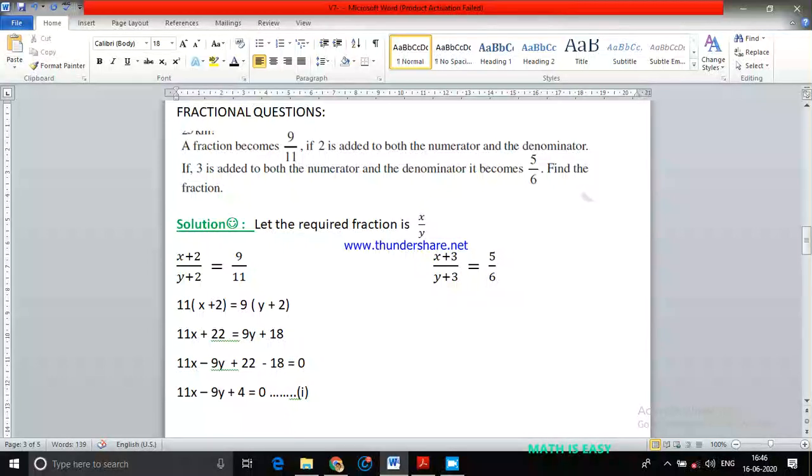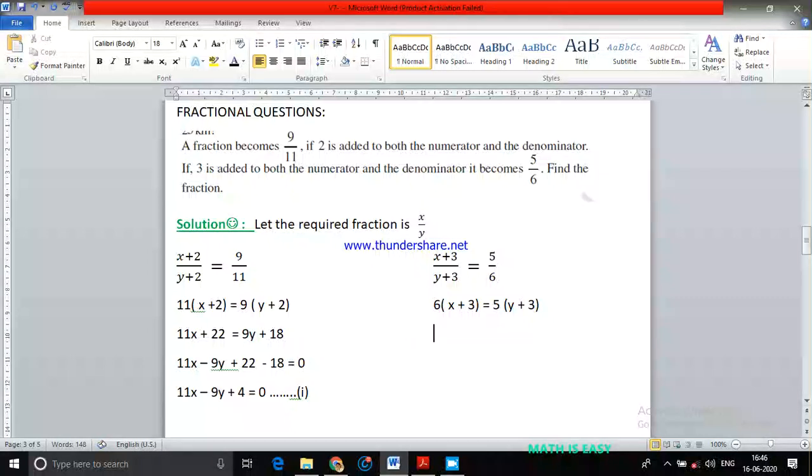Now if I do cross multiplication, I'm going to get 6 times x plus 3 will be equal to 5 times y plus 3. Okay, just cross multiplication it will take.